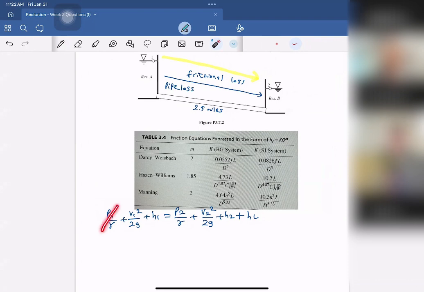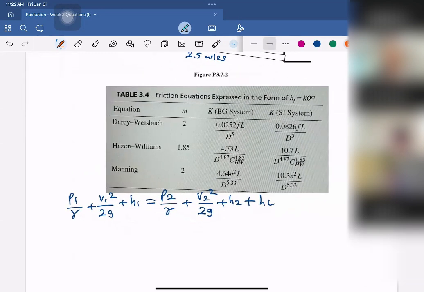And we are going to ignore pressures because they are both open to the atmosphere. And we have something more. Velocity? Yes, correct. So I like this kind of quiz because you just eliminate everything. We eliminated pressure because they are both atmospheric pressures. And we also eliminate velocities.